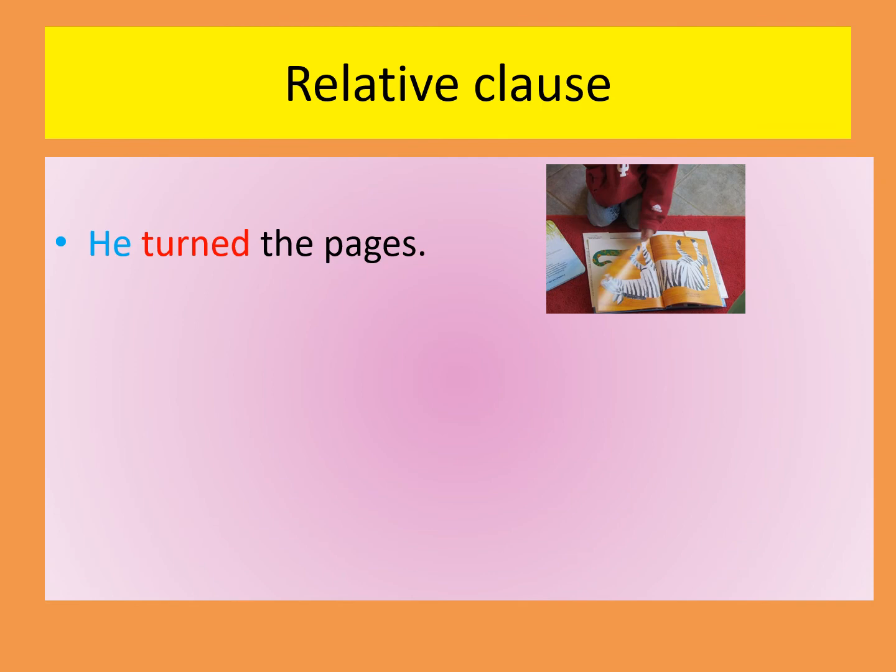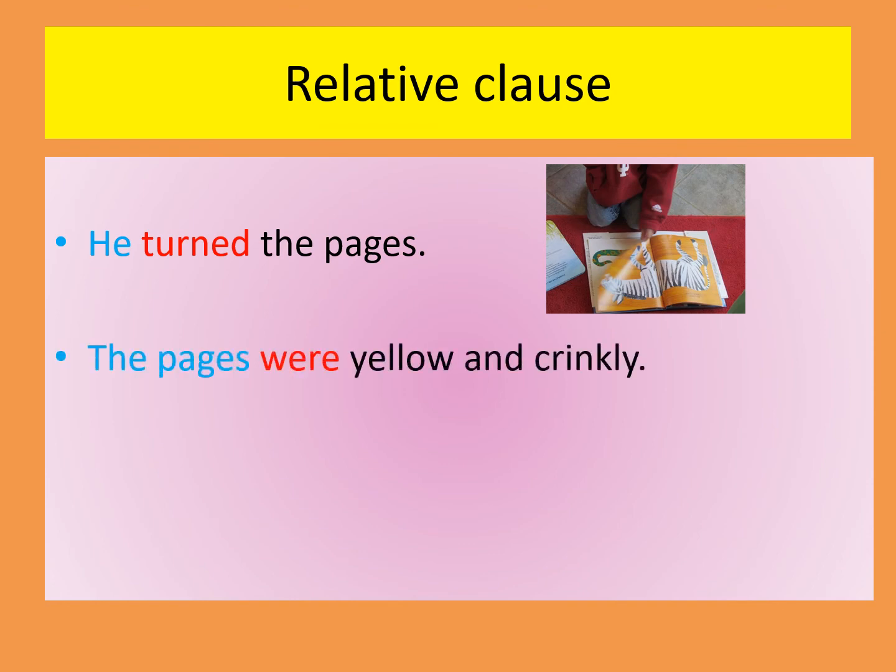So, this can be called a clause. Next sentence. The pages were yellow and crinkly. So, this can also be called a clause because this has a subject, the pages, and verb, were. So I used two clauses to talk about the picture.